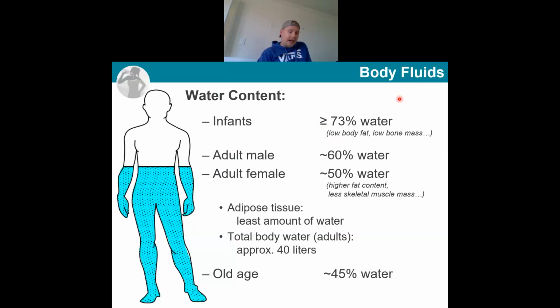And this is, again, largely due to things such as a low body fat percentage in babies and a low bone mass. So more of their body in proportion contains water. In terms of older people, well, they can actually have less water content in their body. So this is probably a slightly inappropriate comparison of the grapes and how we turn into raisins. We do actually literally dry up a little bit as we age.